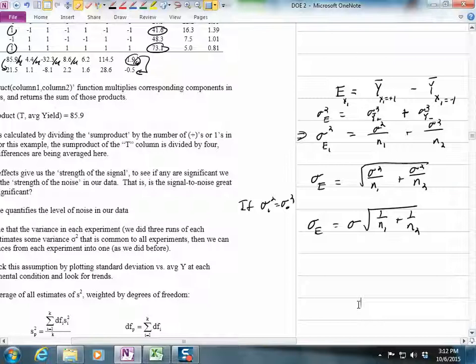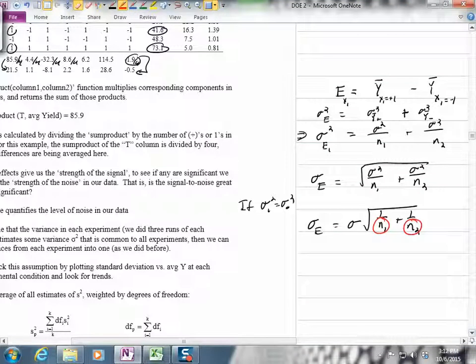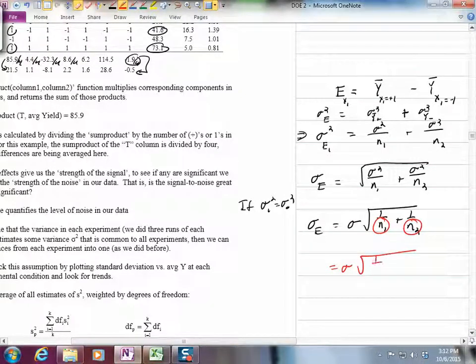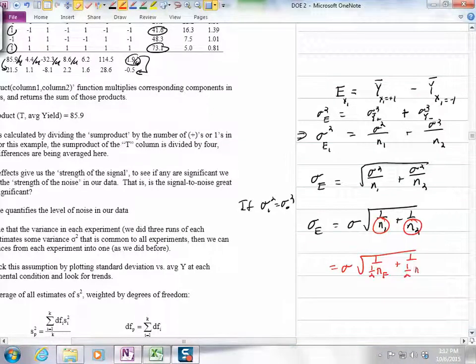So in these experiments, however many experiments we do, half of them go into the high value and half are at the low value, right? So this would be 1/2 the total number of experiments, and I'm going to call that n sub f, where the f means these factorial points.